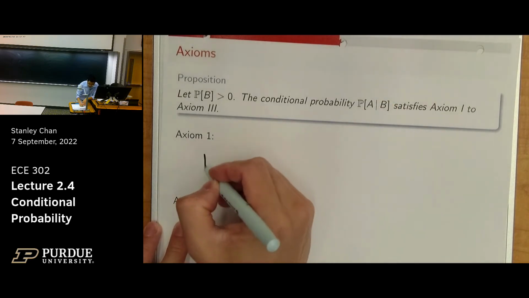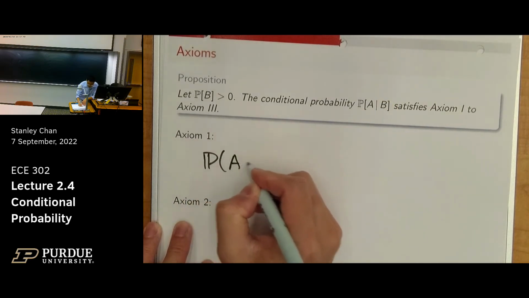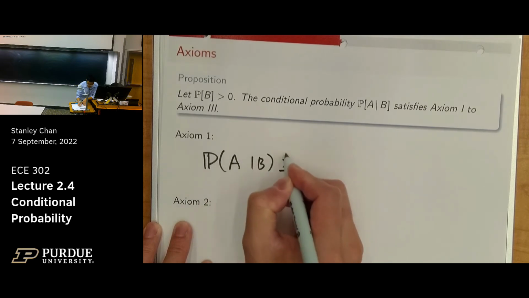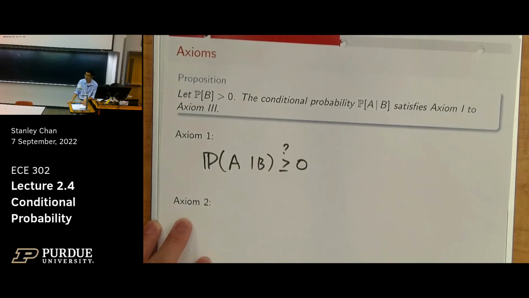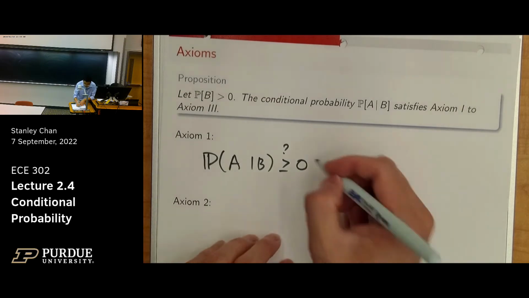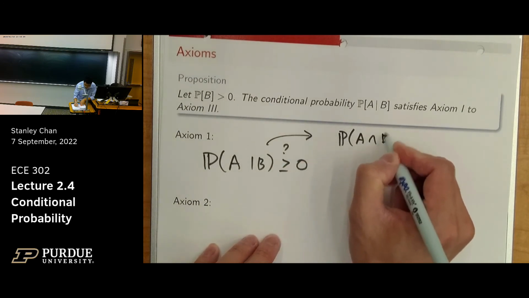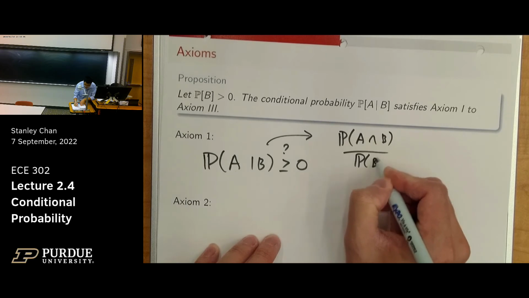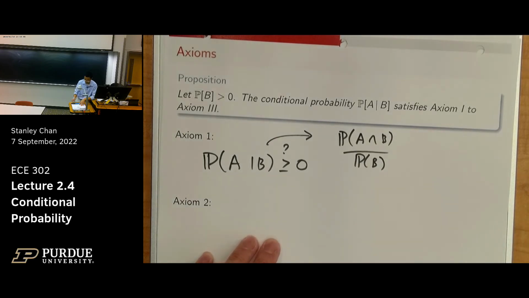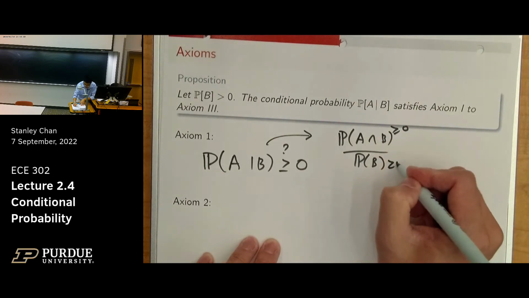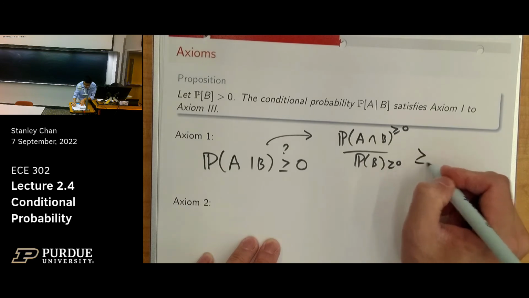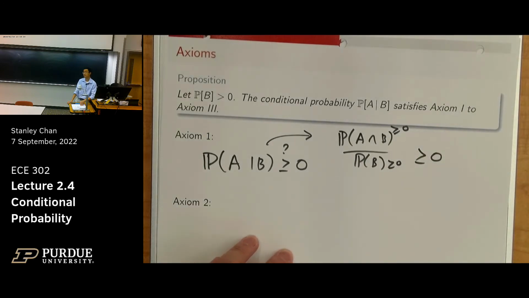Well, the first axiom is that I need to check the probability of A given B is greater than or equal to 0. That's non-negativity. Is it true? Well, of course it's true because it is the probability of A intersect B divided by the probability of B, and both are greater than 0. Of course, the entire thing will be greater than 0.